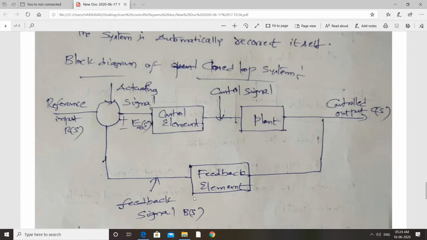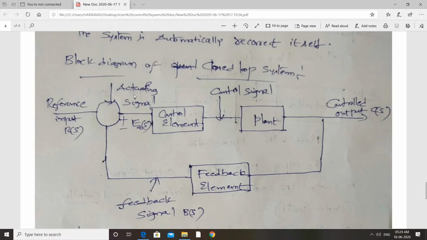So if you use the unity feedback system, that is whenever the feedback element is unity, equal to 1, then the controlled output is equal to the feedback signal. Here the plus and minus indicate the positive feedback system or negative feedback system. For example, if it is considered as a negative feedback system, then the actuating signal, a very important concept, this is an actual input.